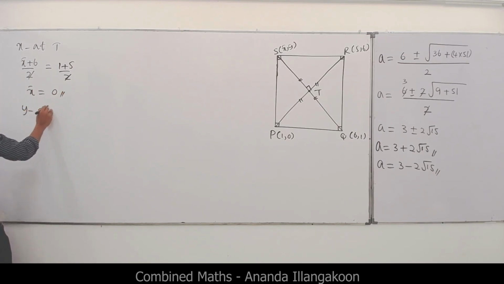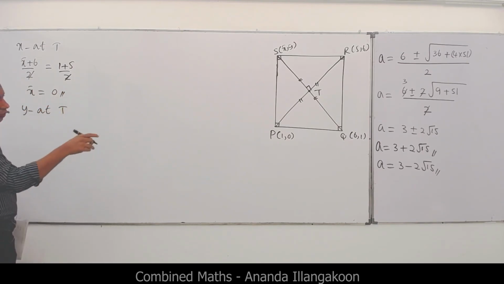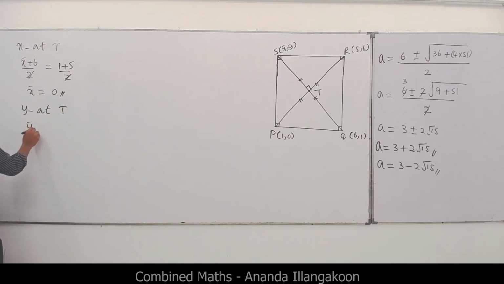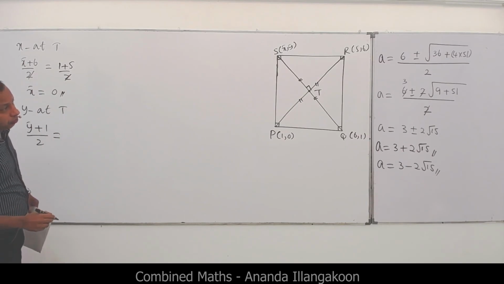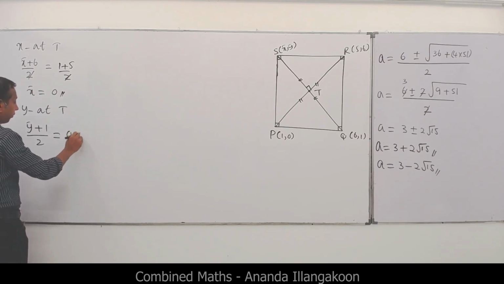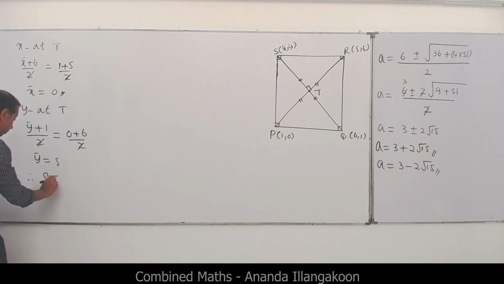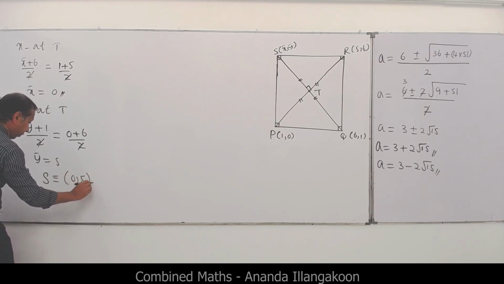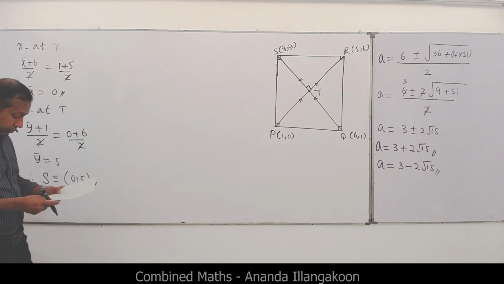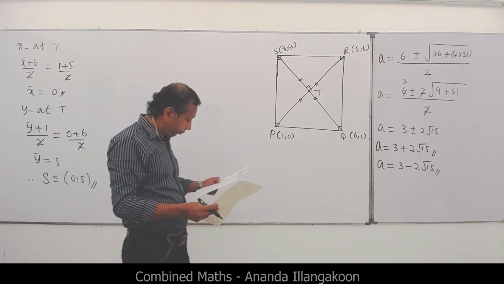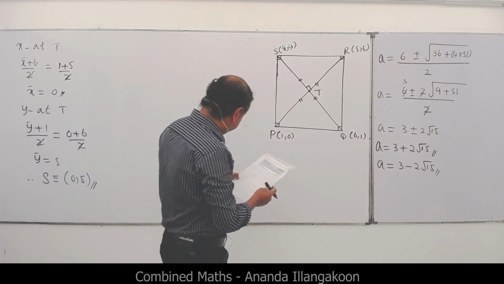Y at t, same way we can write y bar plus 1 divided by 2 equals 0 plus 6 divided by 2. Then we get y bar is 5. Therefore, S is (0, 5). Point S is this. That's the third part.